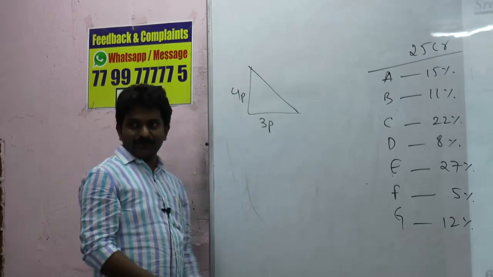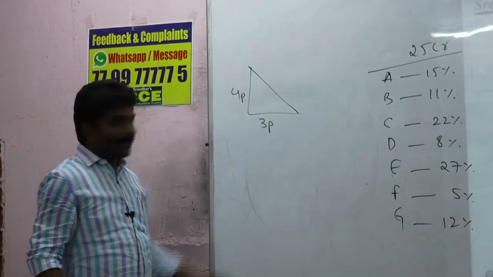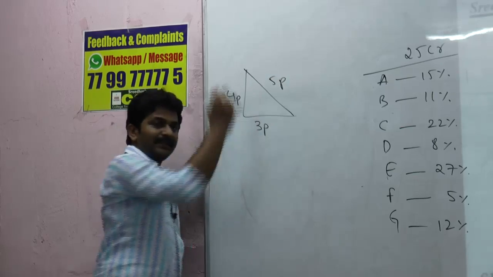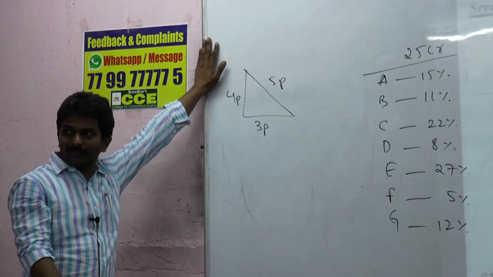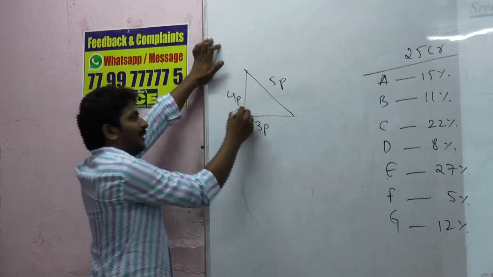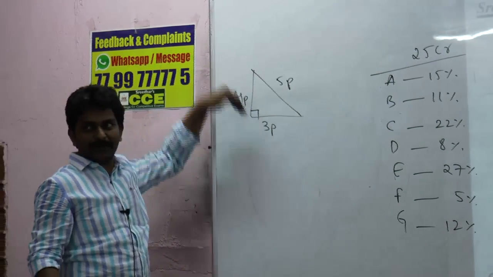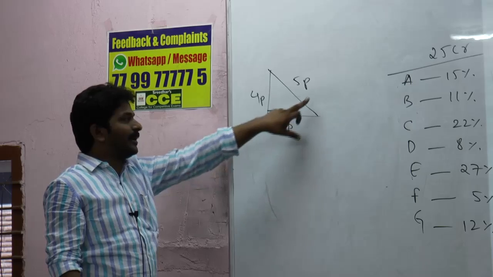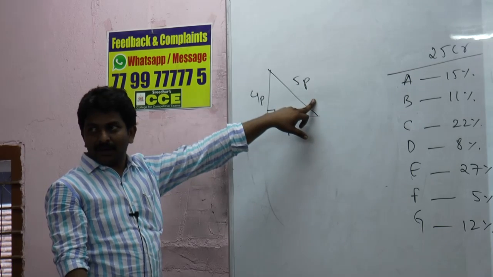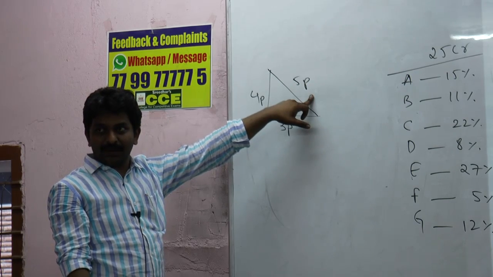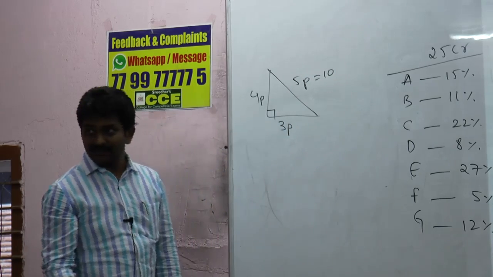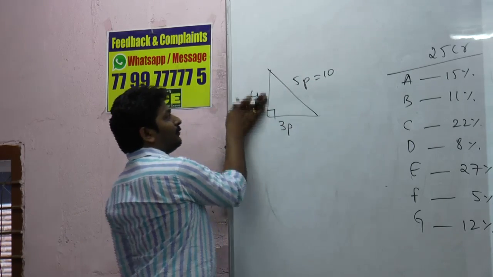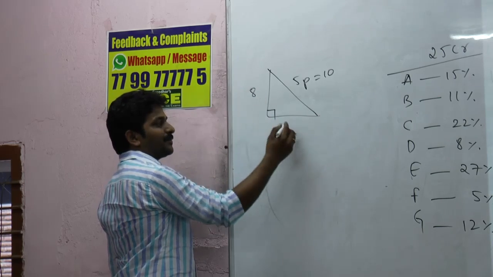Hypotenuse will be 5 parts, right? Yes or no? Pythagoras triplet. Opposite side square plus adjacent side square will be equal to hypotenuse square. According to that concept, hypotenuse should be equal to 5 parts, which is given as 10 centimeters. If 5 parts is 10, 4 parts becomes 8, 3 parts becomes 6.